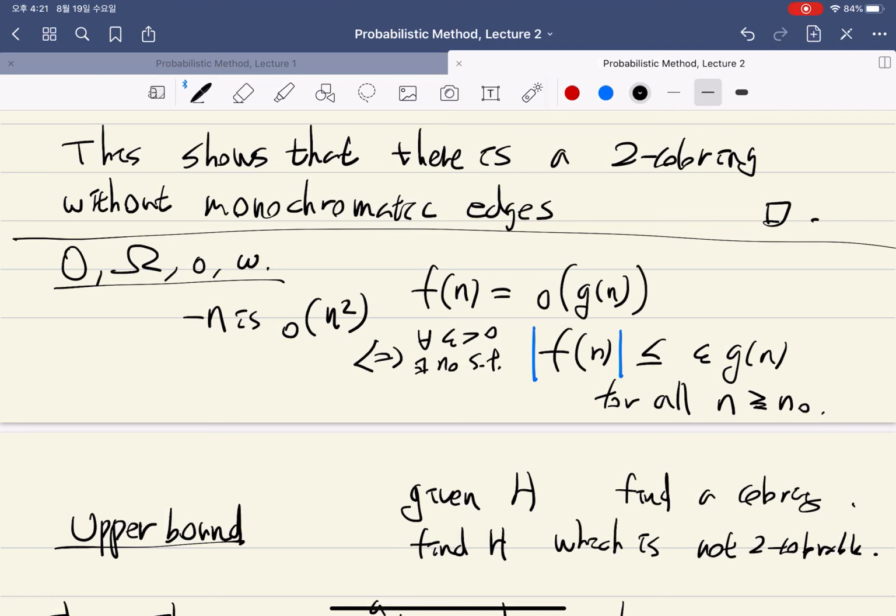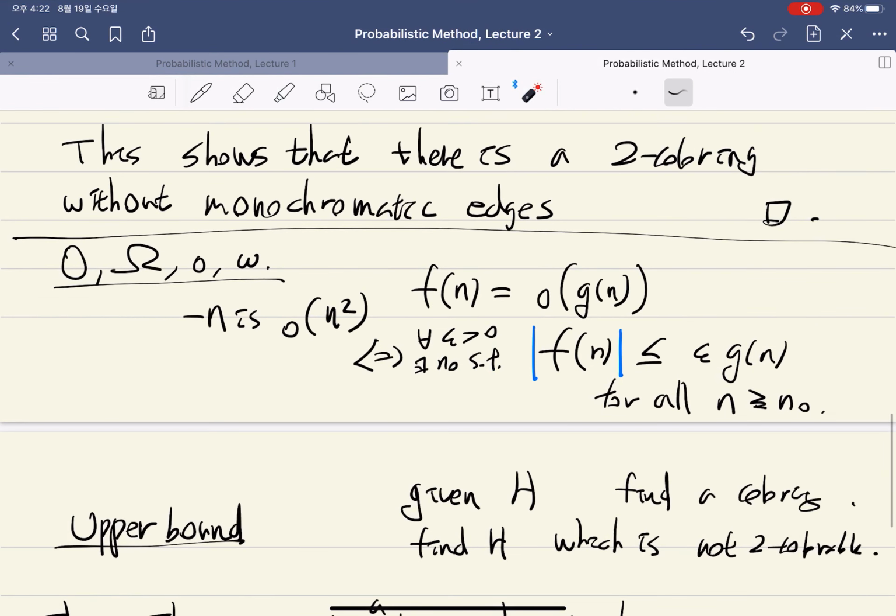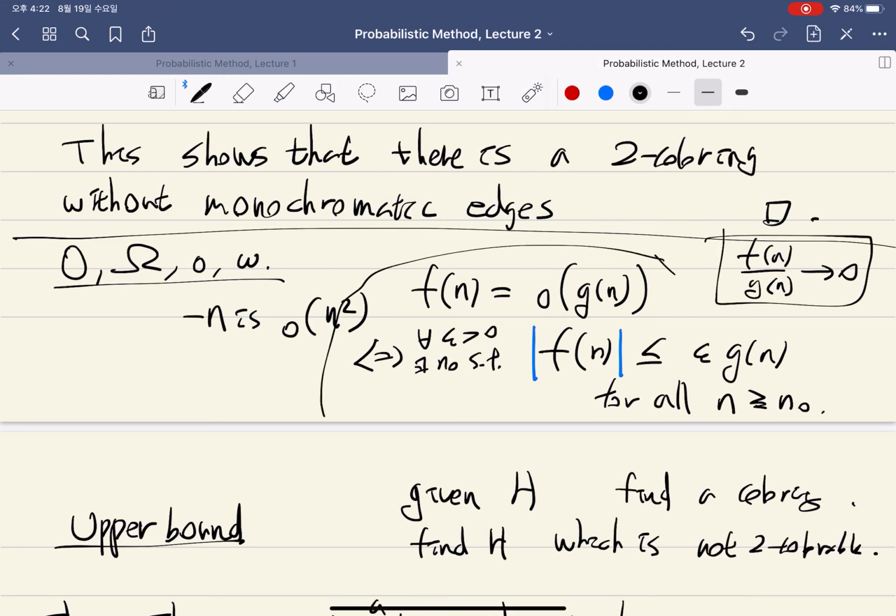So we want to write it this way, as long as this function goes to 0 when we divide this by g(n). So this and this are essentially the same. We want to forget the sign and then compare these two. So that's what we want to do.